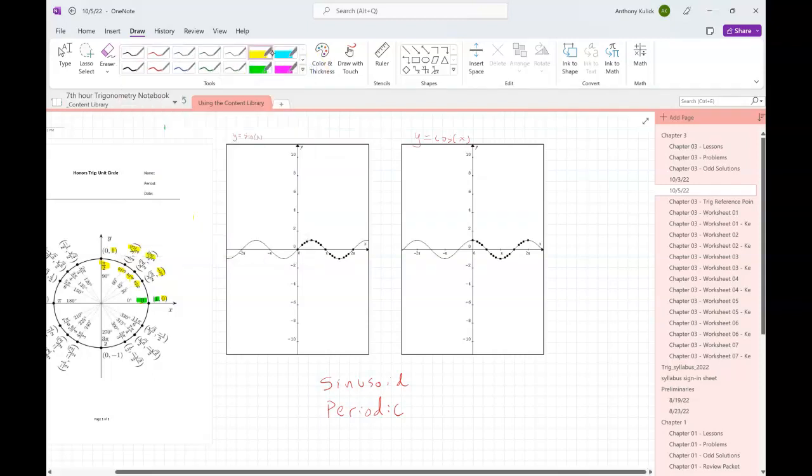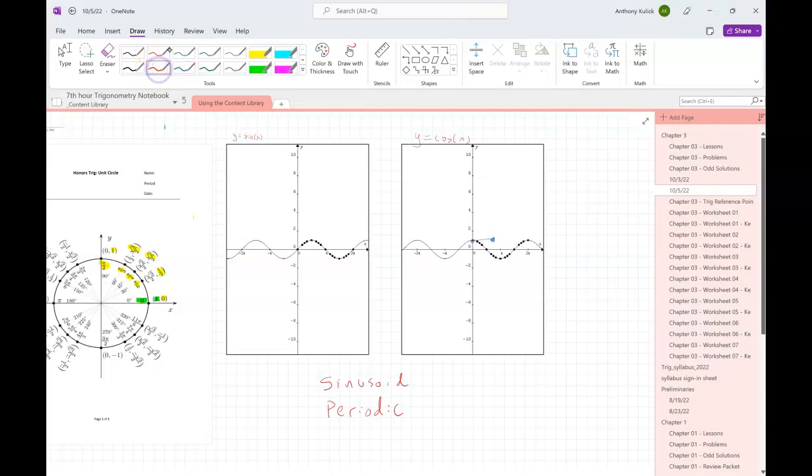And then if you look at the two functions here, the sine and cosine function, if I took the cosine function and shifted it to the right a little bit, what would I end up having? Exactly, the sine function.